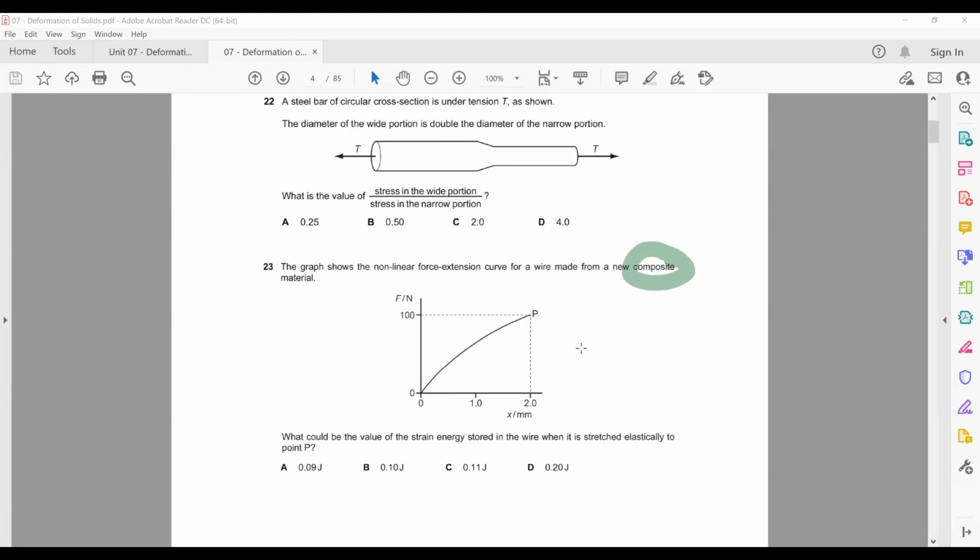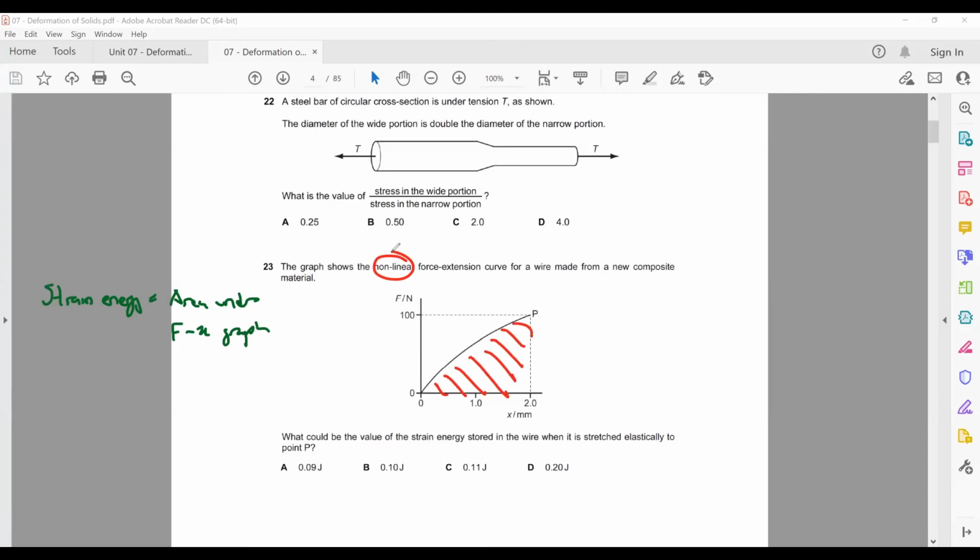Okay, so this one here, we need you to do a bit of common sense. As I mentioned to you before, strain energy is the area under the F-x graph. So by right, it should be this one here. But this graph is not a straight line graph. It is a curve.